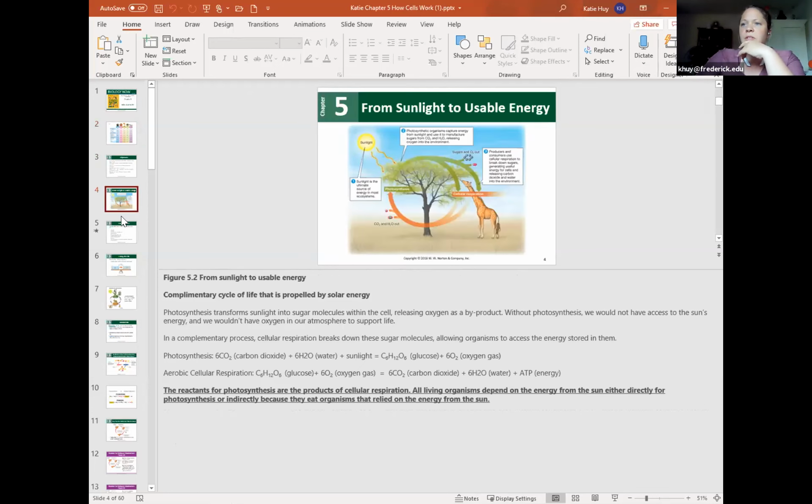There's the objectives. Okay, so I want to talk a moment about the photosynthesis and cellular respiration cycle. When we're looking at that cycle, it truly is a circle. So when we're looking at photosynthesis, if you can see down here, our inputs, our reactants in this chemical reaction are carbon dioxide, water, and sunlight.